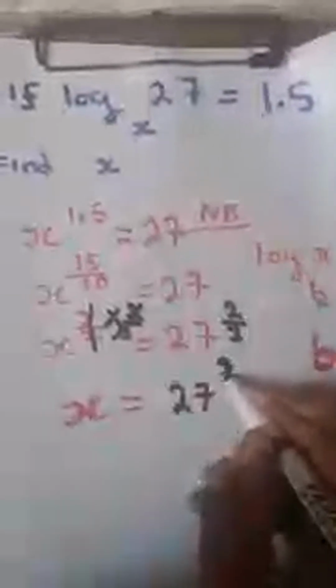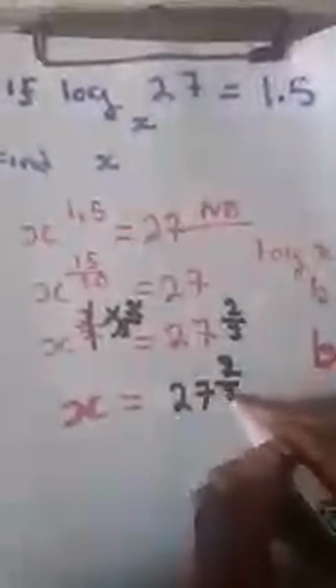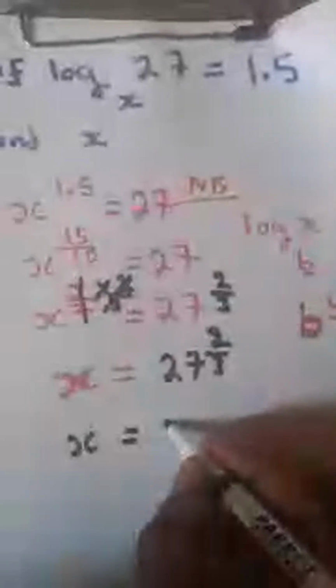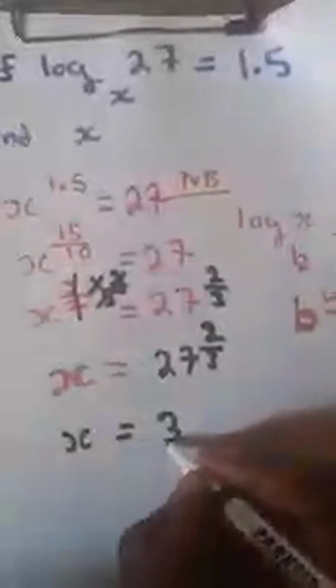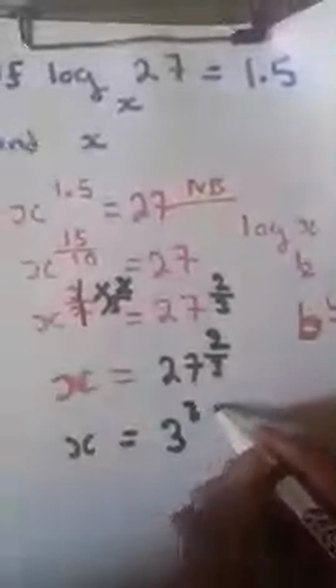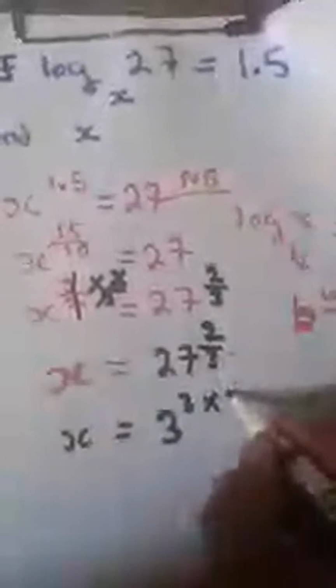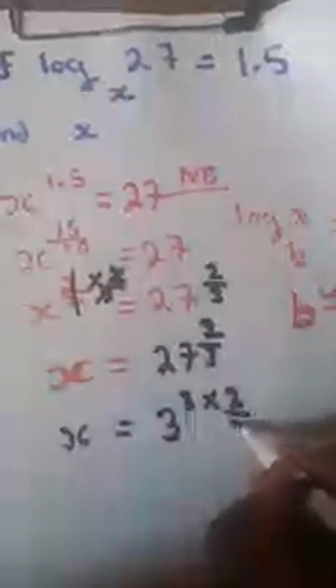You're left with x is equal to 27 raised to the power of 2 over 3. Now 27 is the same as 3 cubed, so x is equal to 3 raised to the power of 3, multiplied by these powers, which is 2 over 3.